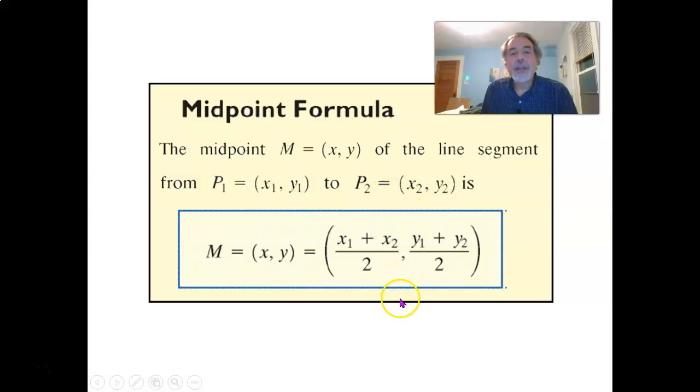The midpoint has an x-coordinate that comes from x1 plus x2 divided by 2. And the y-coordinate of the midpoint is y1 plus y2 divided by 2. So really what you're doing is averaging together the x-coordinates to get the x that's halfway between those, and averaging together the y-coordinates to get the y that's halfway between those, to get the point that's halfway between the original 2 points.